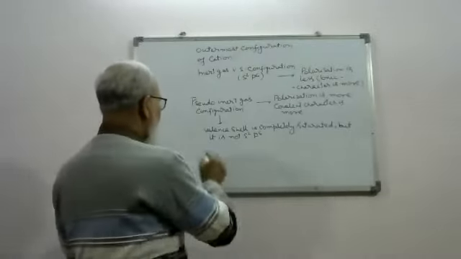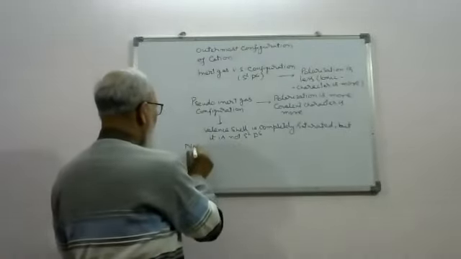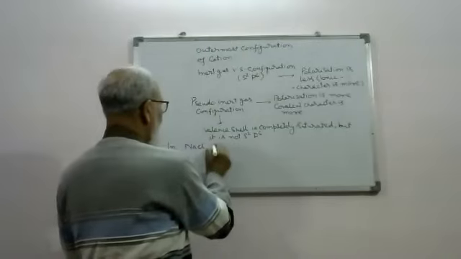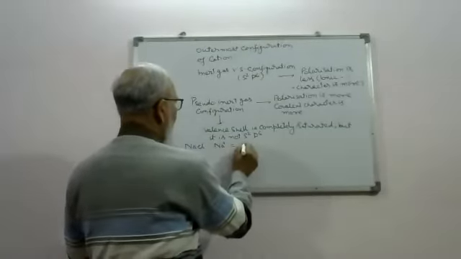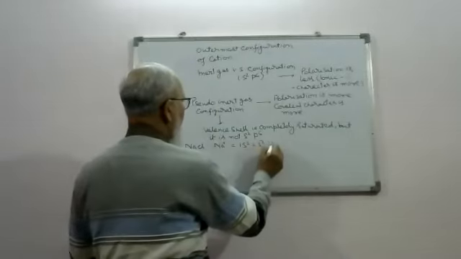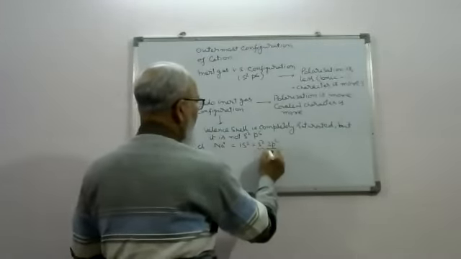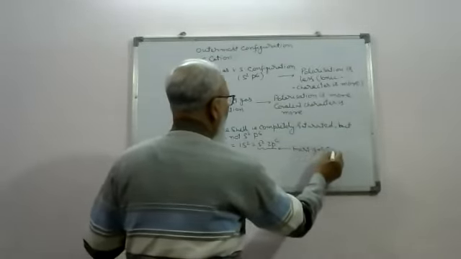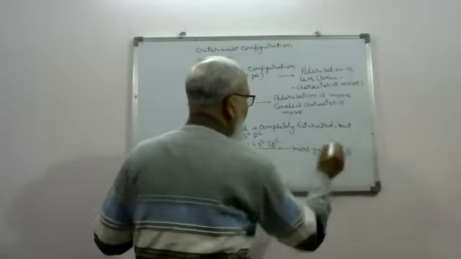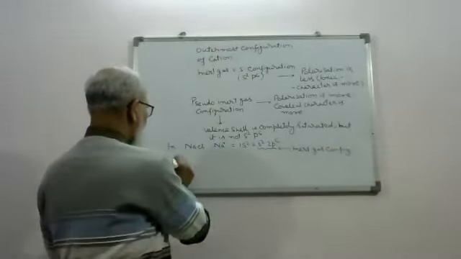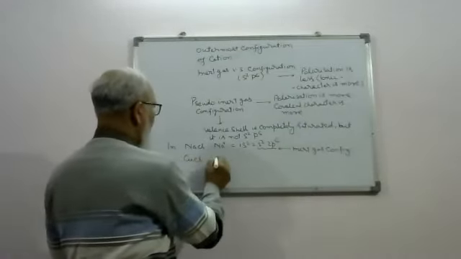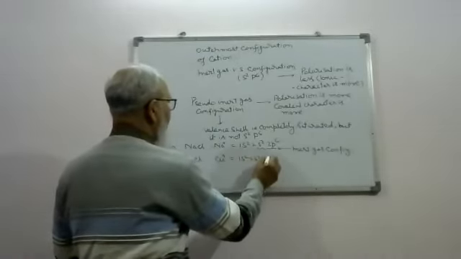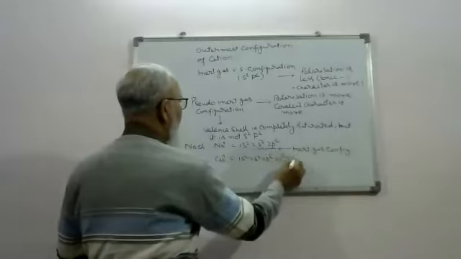Now let us take the example. Suppose it is sodium chloride. In sodium chloride, Na+ has configuration 1s2, 2s2, 2p6. This is your inert gas configuration. But if you consider CuCl, then Cu+ has configuration 1s2, 2s2, 2p6, 3s2, 3p6, 3d10.